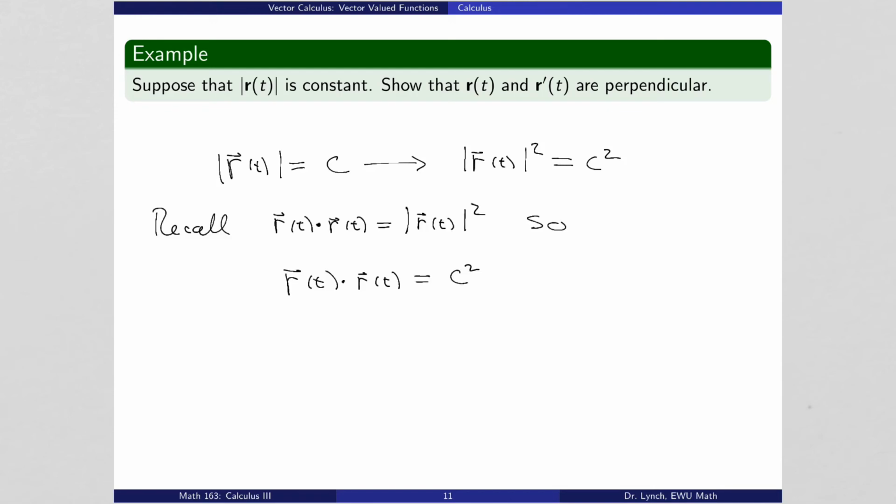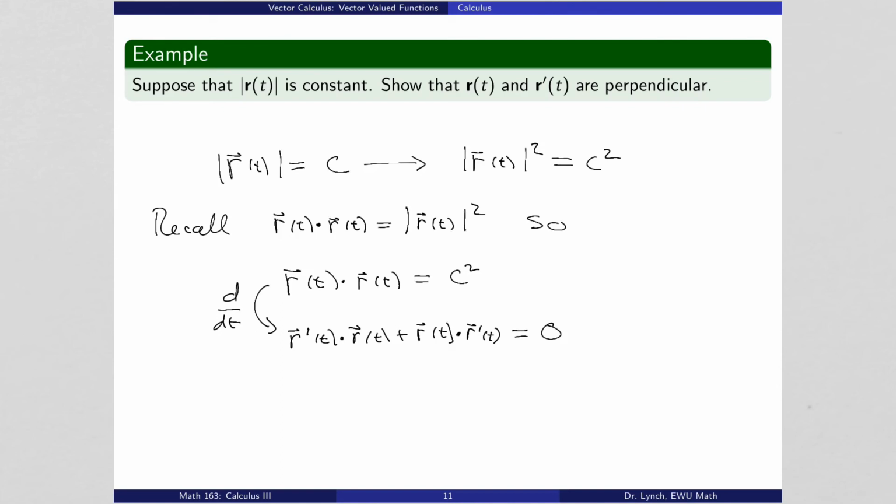So we can use the fact that the dot product of a vector with itself is the magnitude of the vector squared to come up with this relationship that the dot product of the vector with itself is equal to this constant c squared. Now, of course, just take a derivative of this using the product rule, and we can come up with an expression that involves the vector valued function r and its derivative r prime.